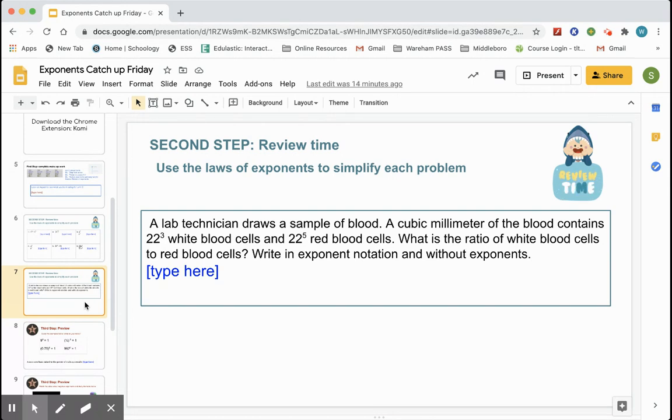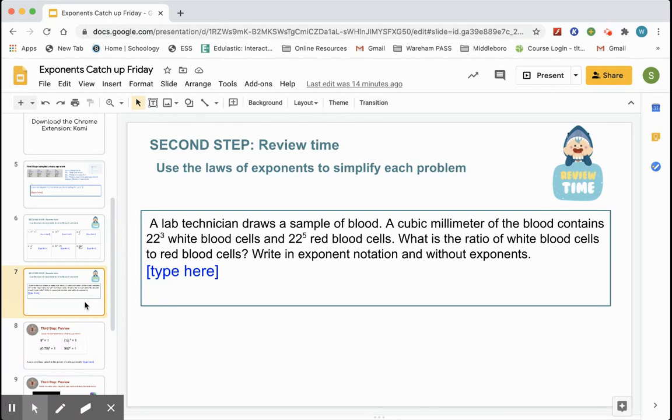A lab technician draws a sample of blood. A cubic millimeter of blood contains 22 cubed white blood cells and 22 to the 5th power red blood cells. What is the ratio of white blood cells to red blood cells?